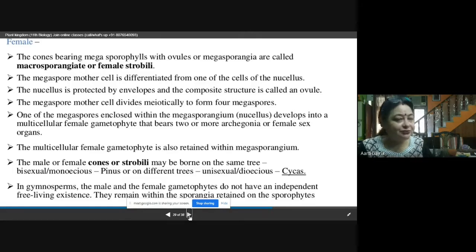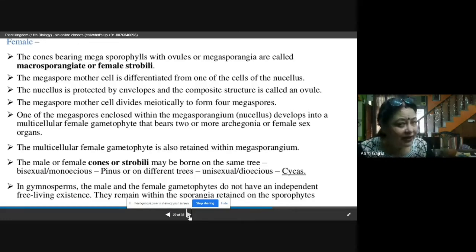The megaspore mother cell is differentiated from one of the cells of the nucellus. Now, what is nucellus? Nucellus are the cells which are present inside the sporangium. Out of these nucellus cells, some will get differentiated into megaspore mother cells.